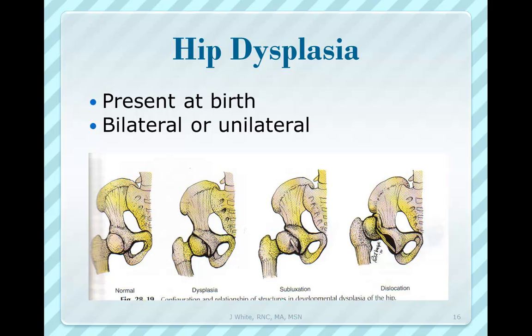Hip dysplasia can involve one hip or both hips. But we really think that for the most part, hip dysplasia is something that is possible in almost any baby, because every baby has a shallow acetabulum, weak muscles and ligaments.